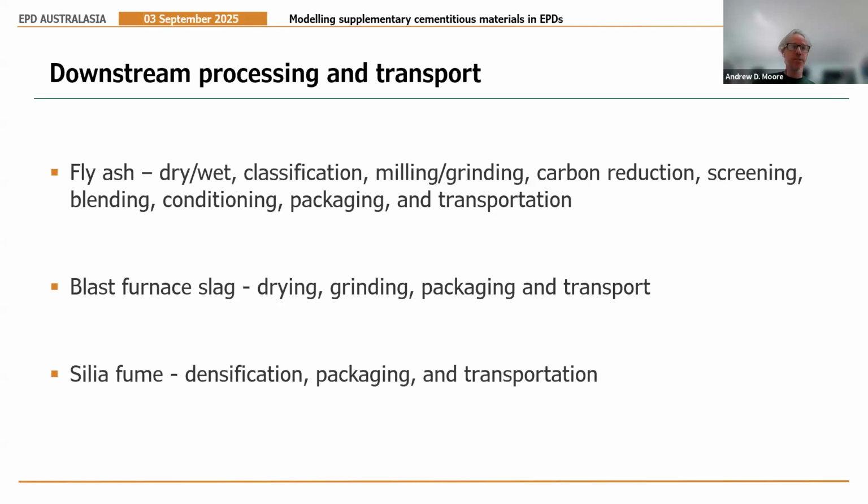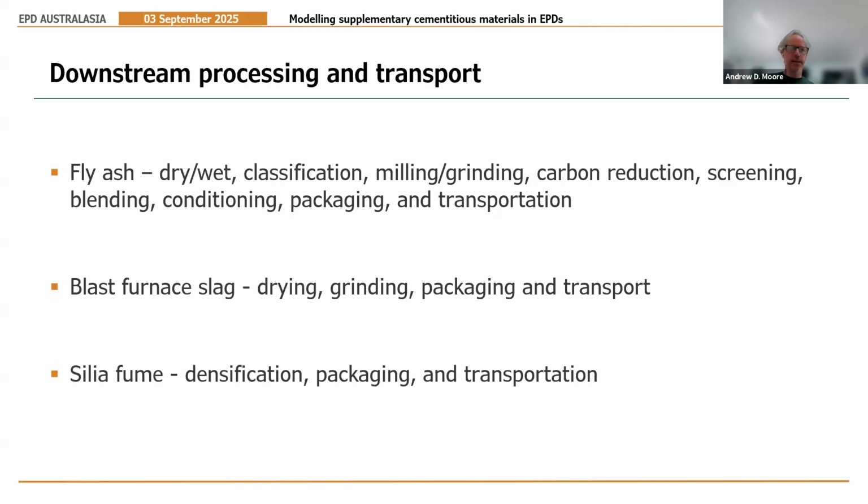When it comes to blast furnace slag, it's really important to make the distinction between blast furnace slag that comes out of the steel mill and the ground granulated blast furnace slag that is produced after it has been dried and gone through the grinding process and had packaging and relevant downstream transport. All of those parts have to be included as well.